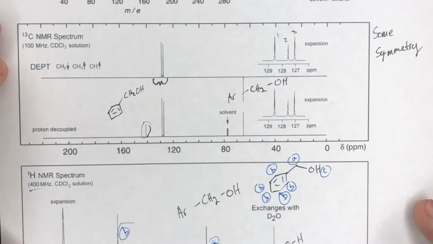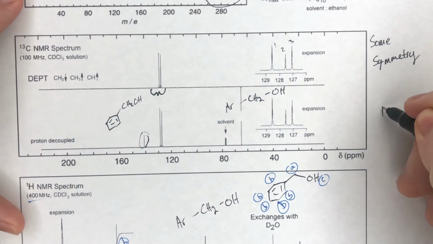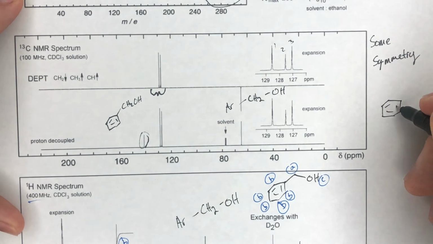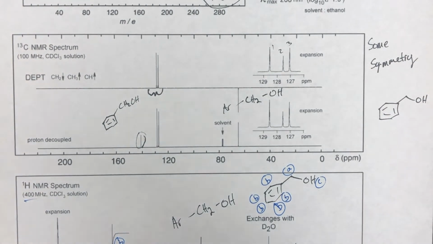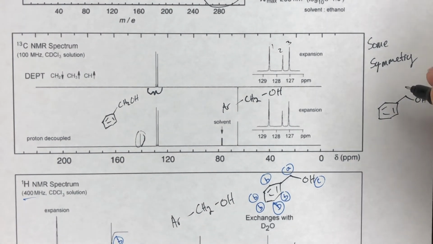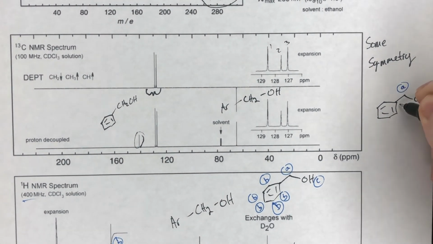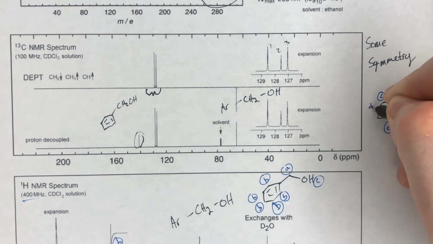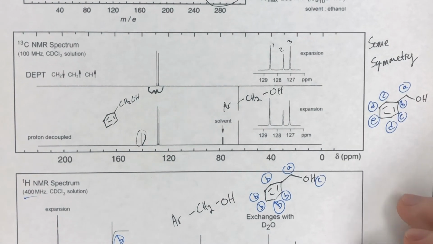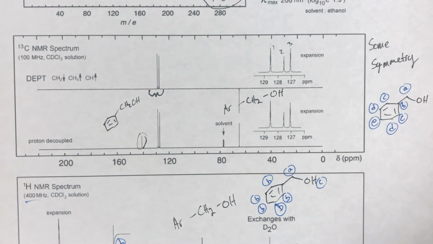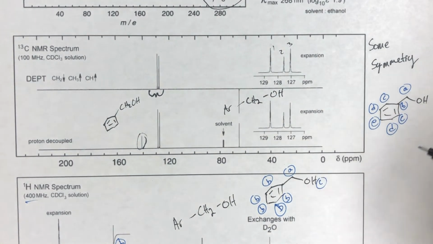Okay, so let's finish this up real quick and look at the carbon NMR once more. So here's the structure, and now we have the carbon NMR. Let's pair the structural features to the peaks. So let's call this A, B, C, C, D, D, and E. The carbon NMR was able to distinguish these much easier, the difference here in the peaks, so in the carbons.